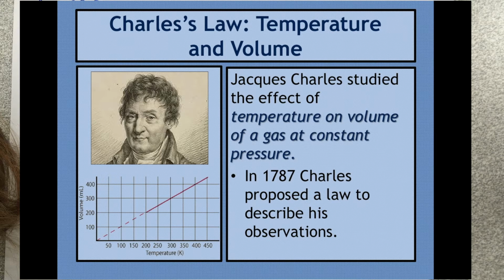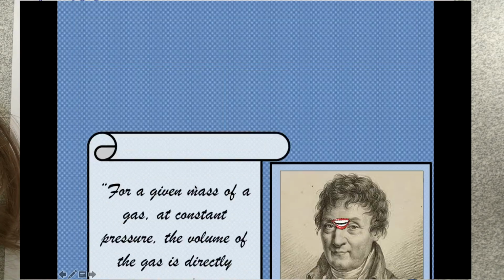About 100 years later, I don't know why it took 100 years for him to propose this law, he described this relationship with this graph, okay? As temperature increases, the volume also increases.